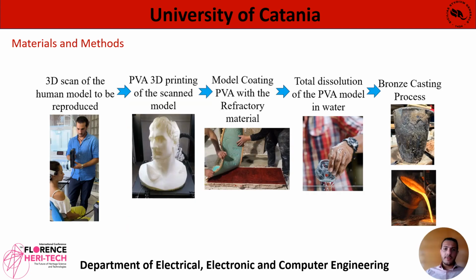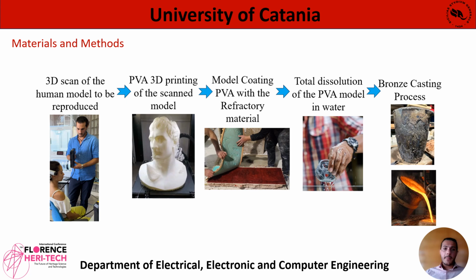The procedure of the proposed new methodology is illustrated in the figure. To be sure that the casting process works, it's necessary to verify that the refractory material used to create the casting solidifies within a shorter time range than the total solubility time range of PVA, as it consists of a mixture of gypsum powder, pottery and water.